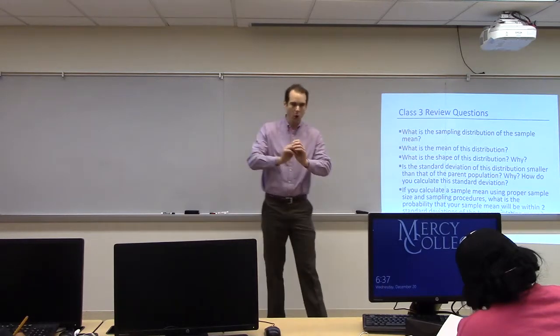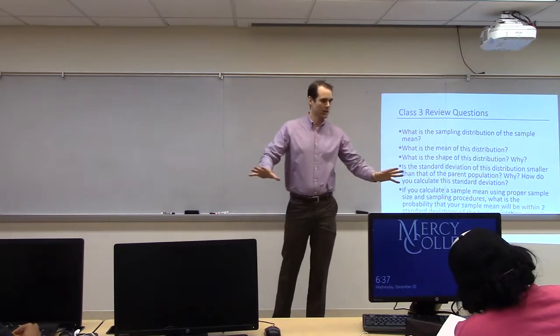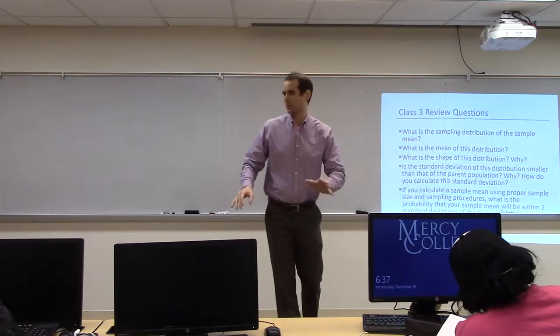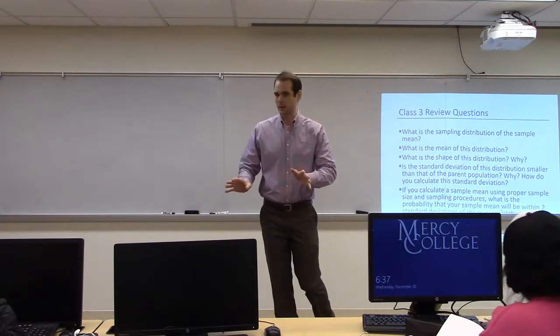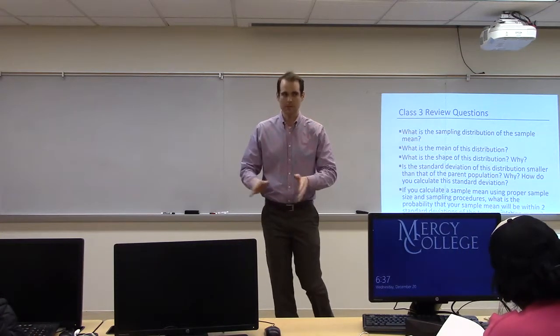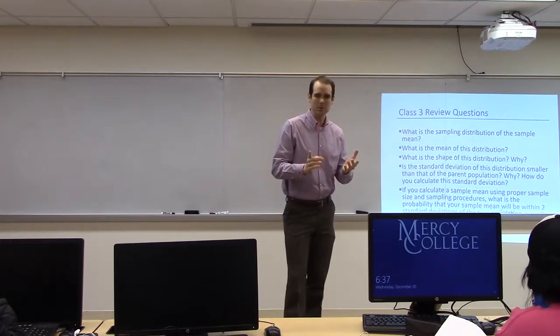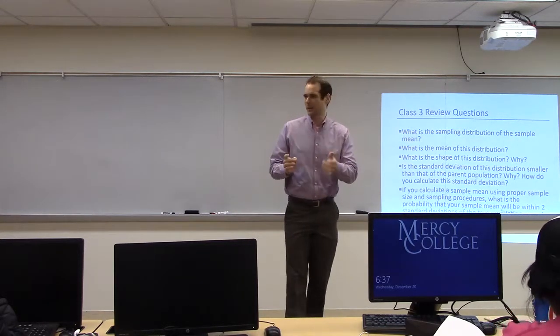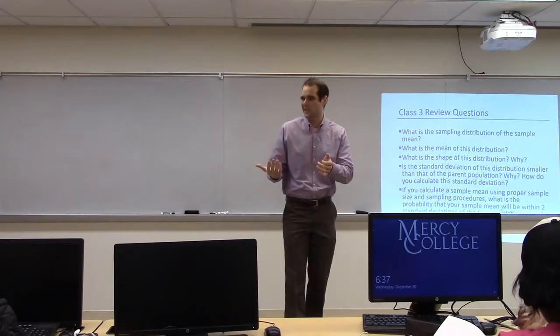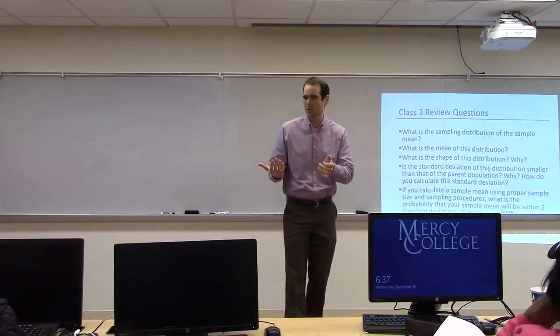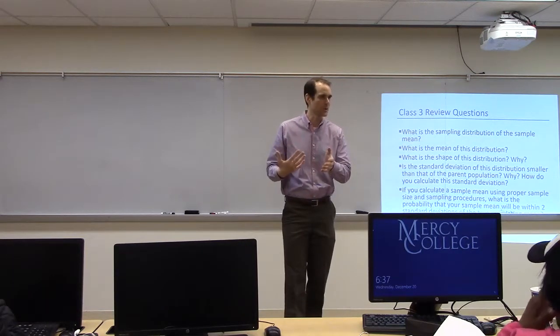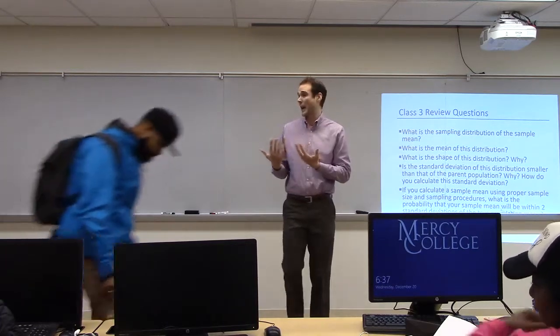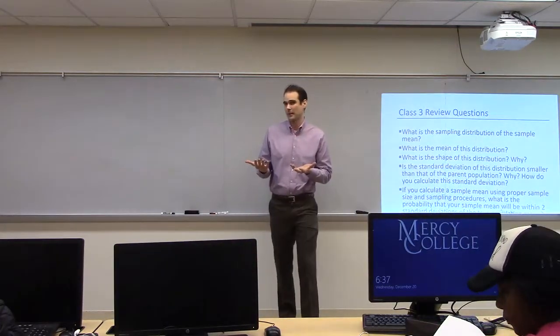So if you're looking at a whole sample population of, say, Mercy College students who flip a coin 20 times and write down the number of times it comes up heads, the chances of one of those students flipping heads 16 times, maybe there's a 1-2% chance of that happening. It could happen 1% of the time.